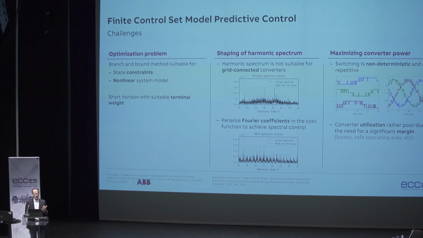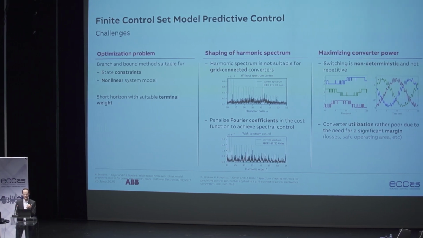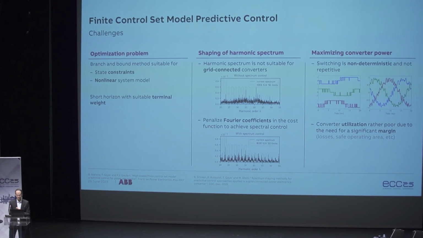And hence you end up with this white noise harmonic spectrum, and this sort of erratic, ad hoc switching ripple on your currents. So you're not making good use of your power converter. You're not pushing its capability to the limit because it's not repetitive, it's not deterministic. You can't predict a priori what the performance will be.